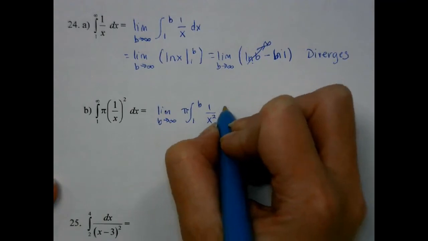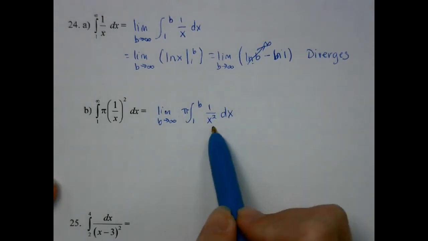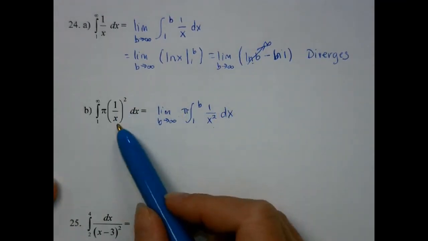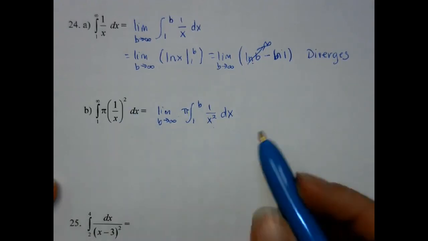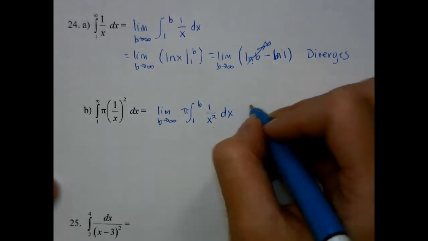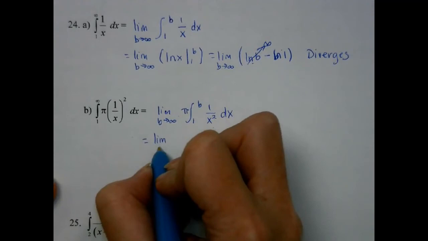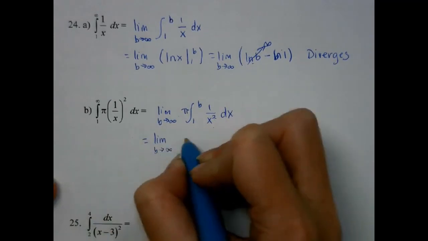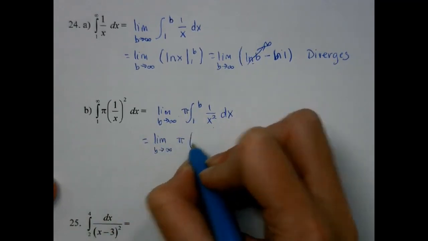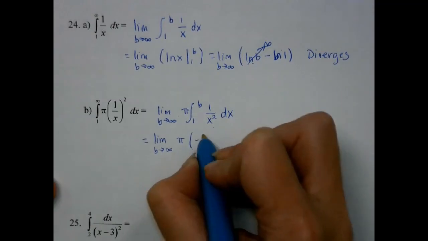Okay, I'll pull the pi out and then rewrite 1 over x squared as just 1 over x squared. The integral of 1 over x squared is negative 1 over x.